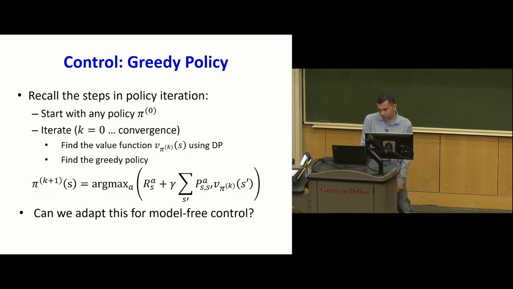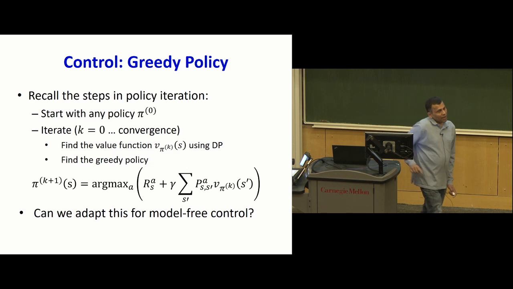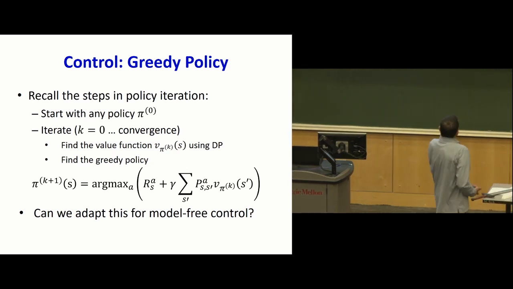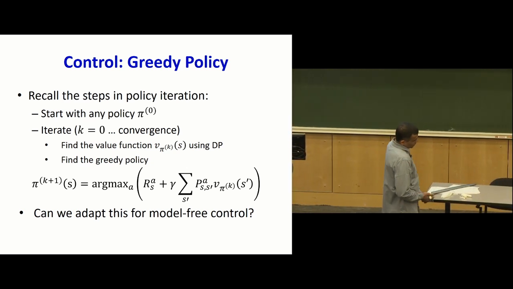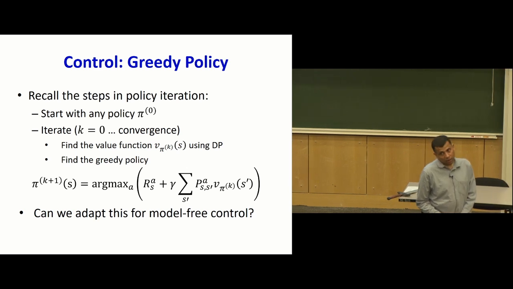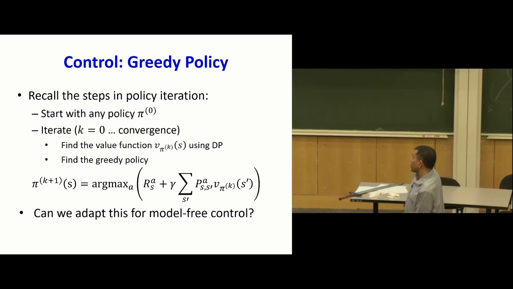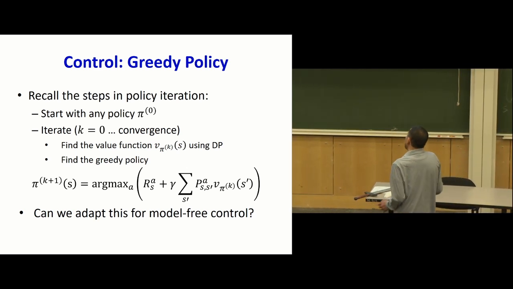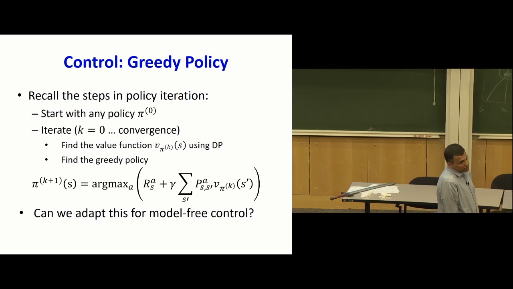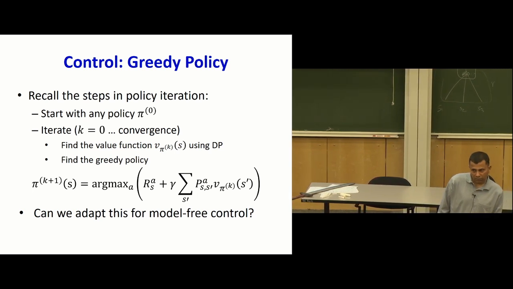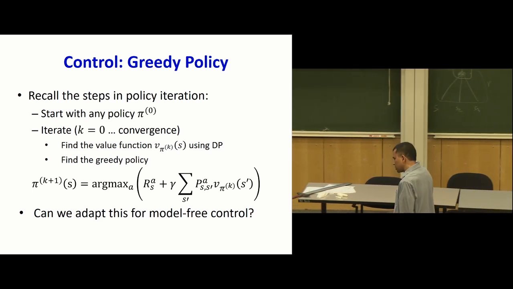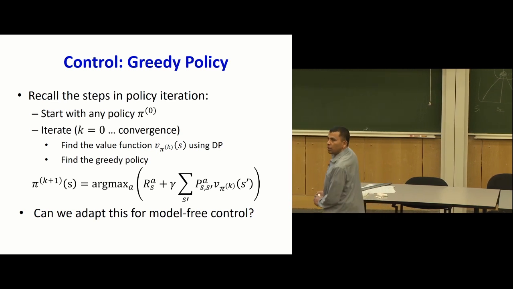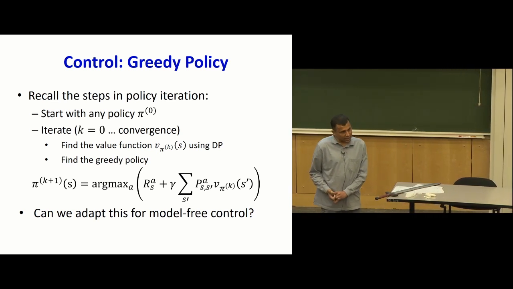Now we remember from previous classes, we actually had a way of doing this when you had a model for the environment. You started with any old policy, and then you found the value function for that policy using dynamic programming iterations to compute the values for all the states.